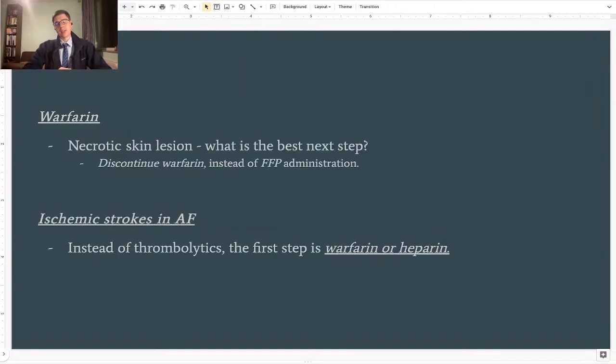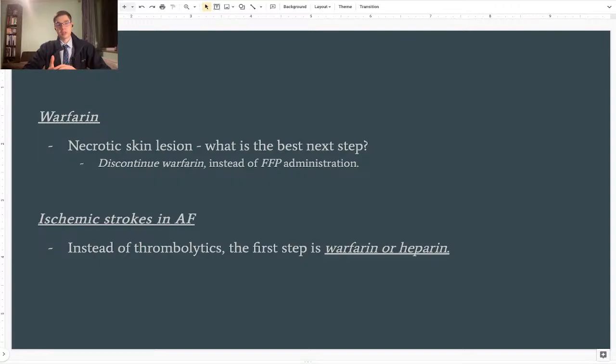The next anticoagulant that is tested on 2CK is warfarin. Warfarin will present with the necrotic skin lesion due to the protein C and protein S short half-lives. Therefore, there is a propensity for coagulation at the beginning of warfarin treatment.